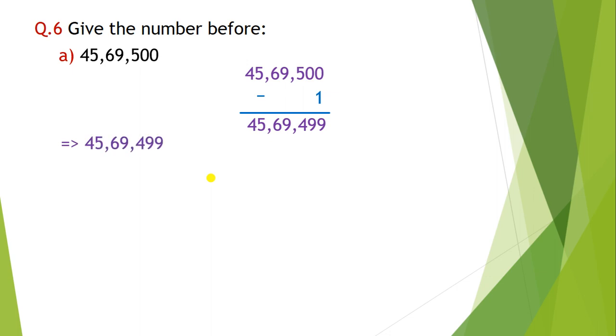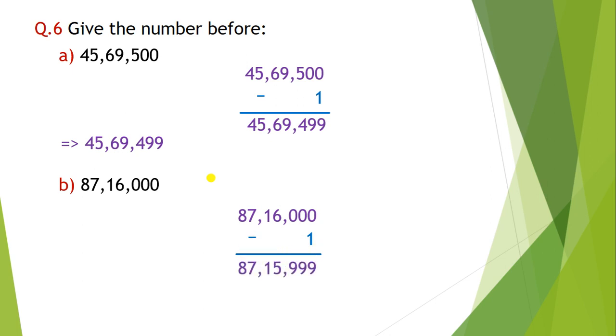So the answer is 45,69,499. Let's solve another example. The number is 87,16,000. To find the number before, we need to subtract 1 from the given number. And the answer is 87,15,999.